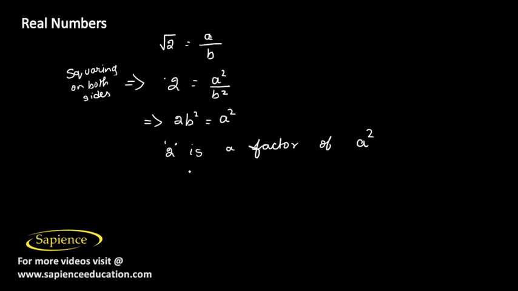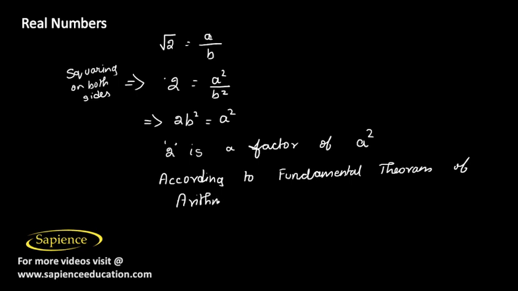But if 2 is a factor of a square, then according to the fundamental theorem of arithmetic, which says that every number has a unique set of prime factors, 2 is also a factor of a.